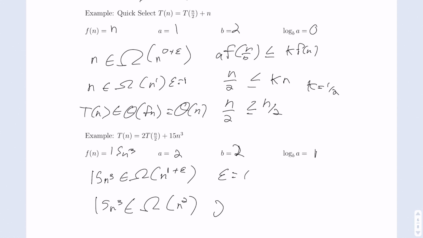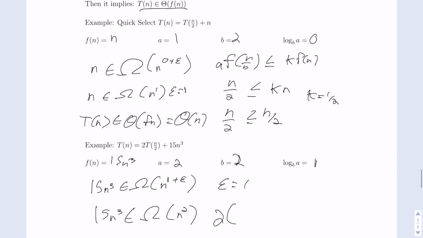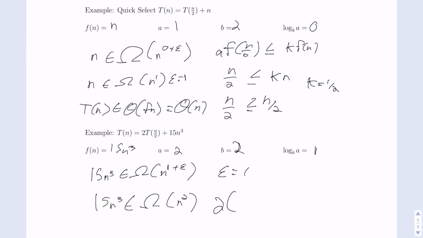It's going to be 2 times f of n, but we're plugging in n over b, right? So it's 2 times 15 times n over 2, n over 2 cubed.